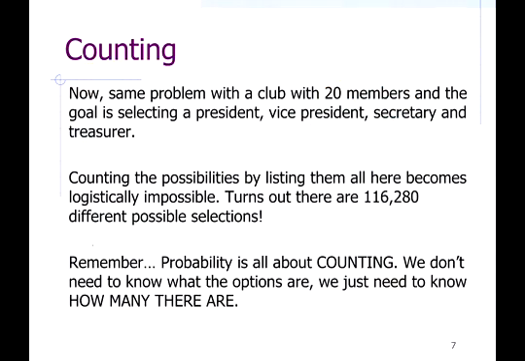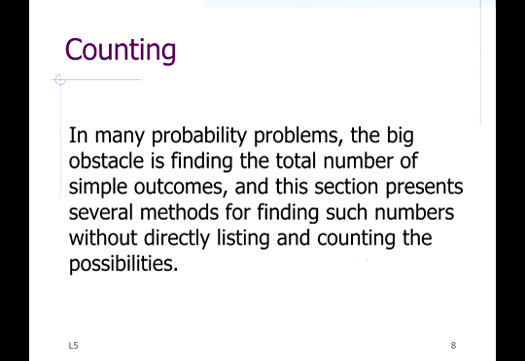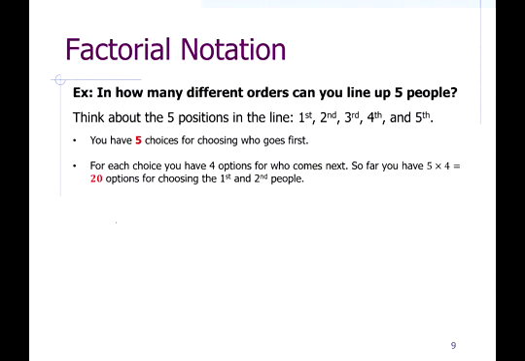And that is, again, the essence of probability is counting. All right, so let's talk about some counting techniques. In this section, we're going to talk about 3 methods for finding large numbers without directly listing and directly counting.